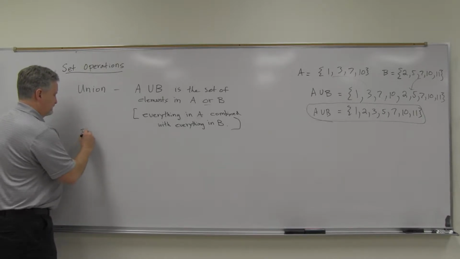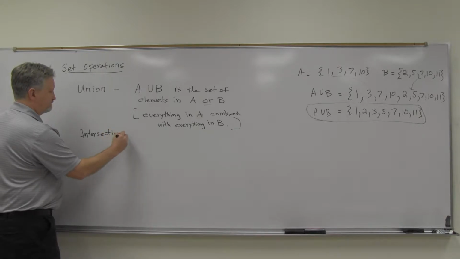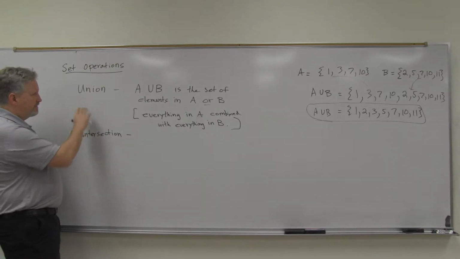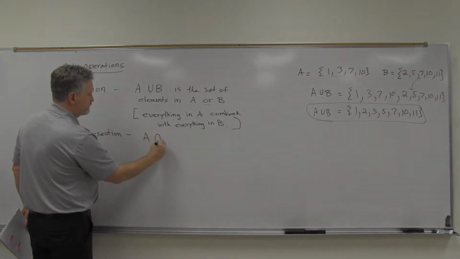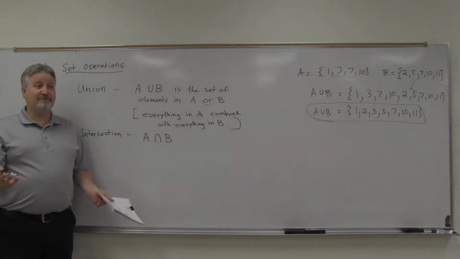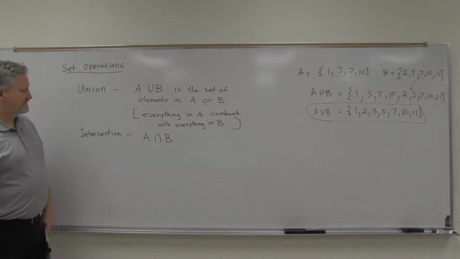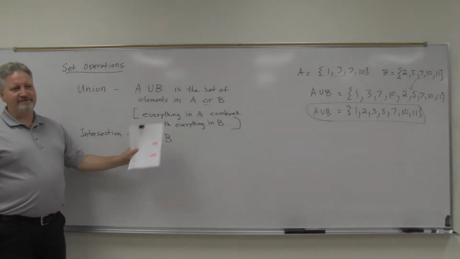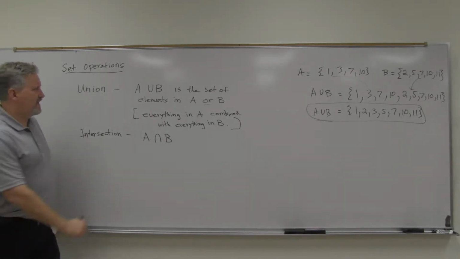Intersection is the second one here let's talk about. Symbol-wise, union is a U. Intersection's symbol is an upside down U. It doesn't really look like an N, but it's upside down, like an arch.